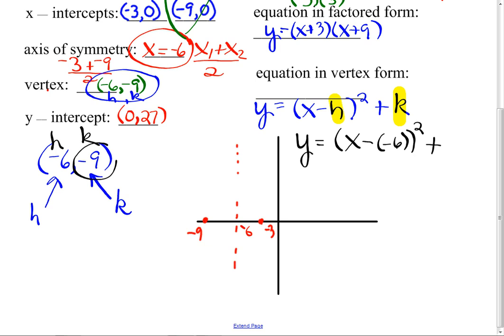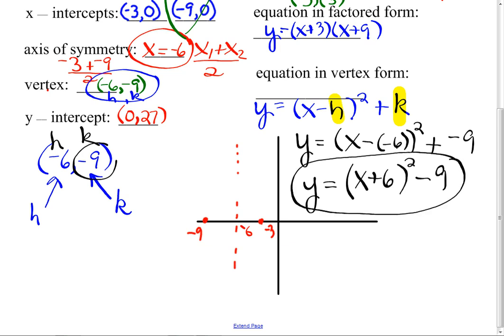This is k. So it's negative 9. So there's a lot of pieces to this. If I want it to look nicer, what happens when I do two negatives? Positive. So you're going to probably want notes on this. What's plus a negative 9? Minus 9. There it is.